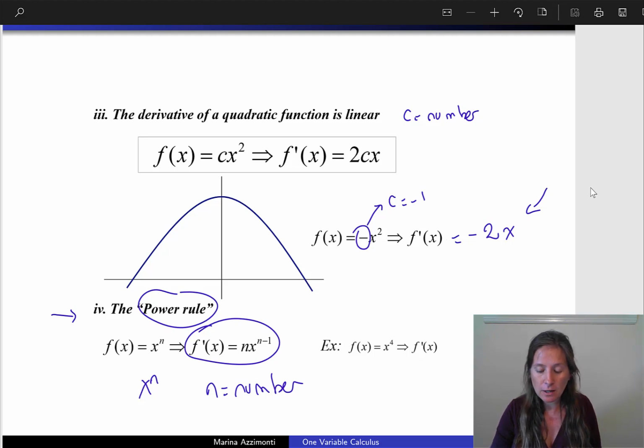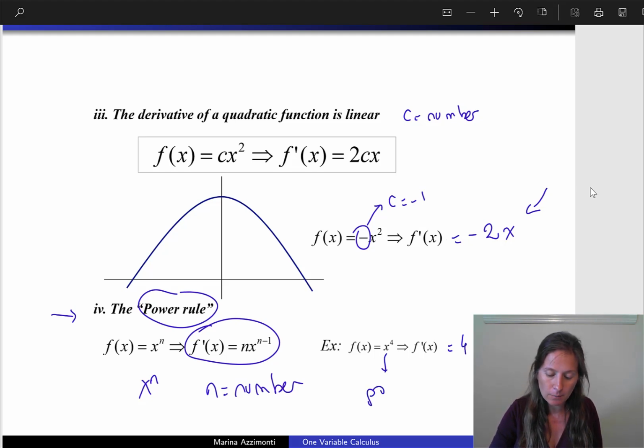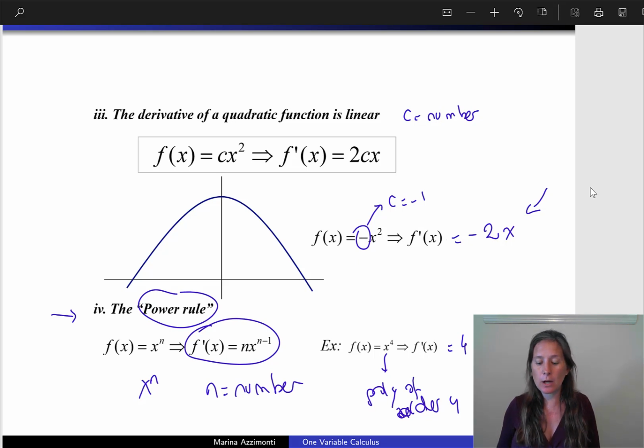If f of x is x to the 4th, then its derivative is going to be 4. Remember the number n. This is a polynomial of order 4 or degree 4. The derivative is going to be n, which is 4, times x to the n minus 1, which is 3. Okay?